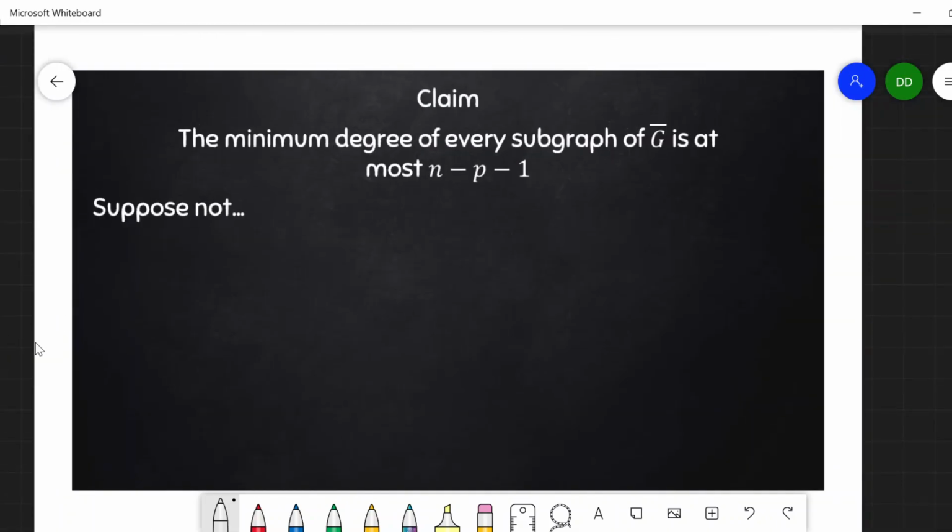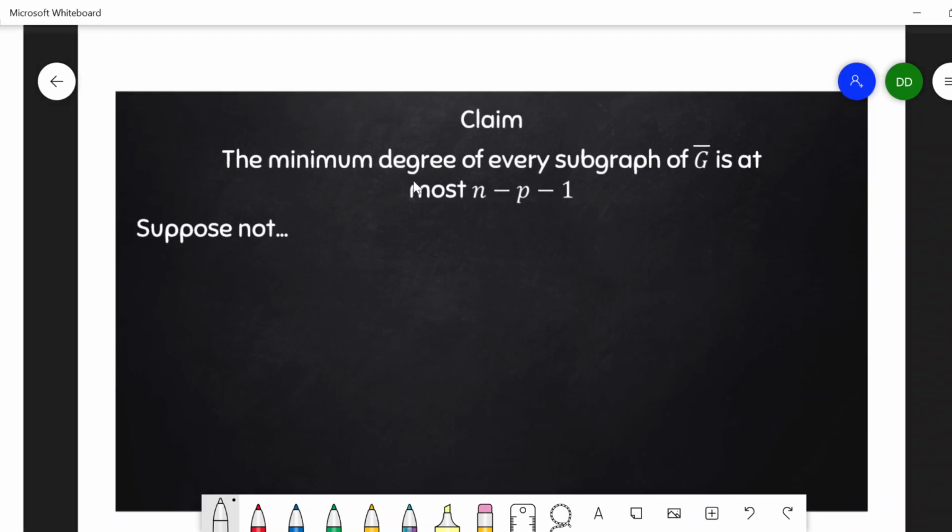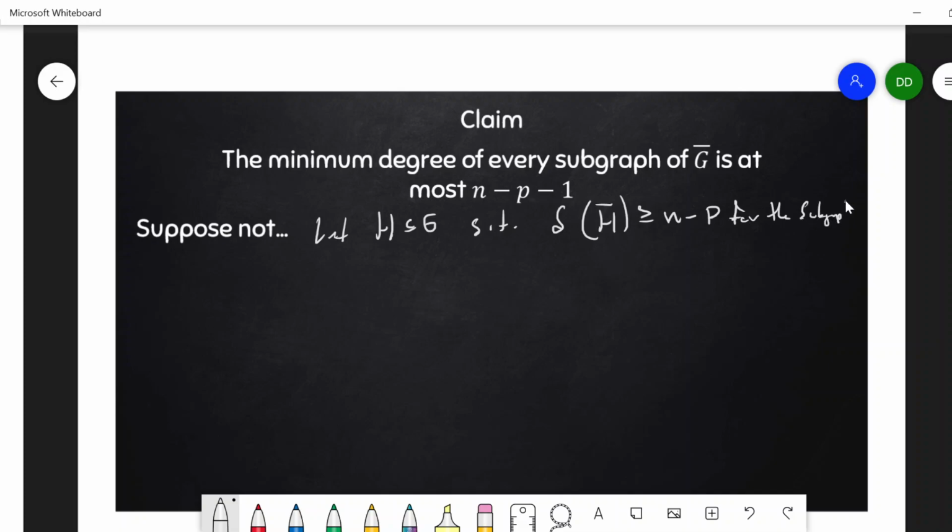Suppose that's not the case, then let H be a subgraph of G such that the minimum degree of H complement inside of G complement is at least n minus P for the subgraph. So this is the minimum degree inside of the subgraph H bar in G bar.